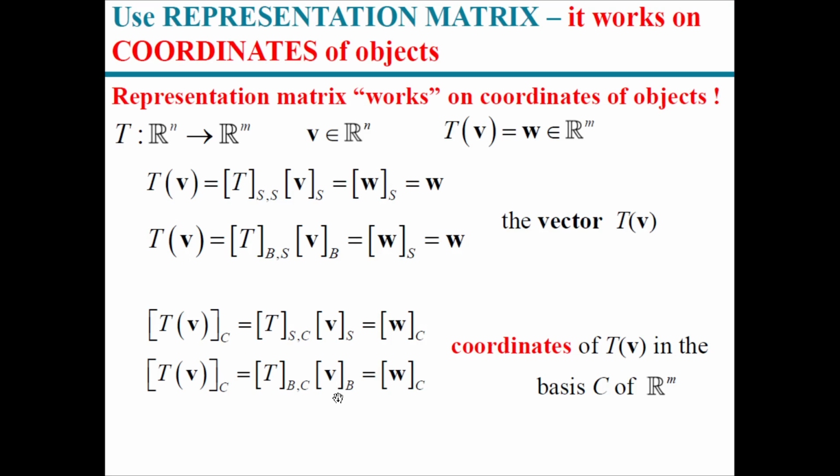It works on coordinates and gives you, as a result, the coordinates. It's a similar thing here. The only thing is the outputs are given in the standard basis. So the standard basis has some cute property that its coordinates are equal to the coordinates of the vector itself. But if you use any other basis C for the outputs, what you get is the coordinates in basis C of the image. That's what you get. So be careful.